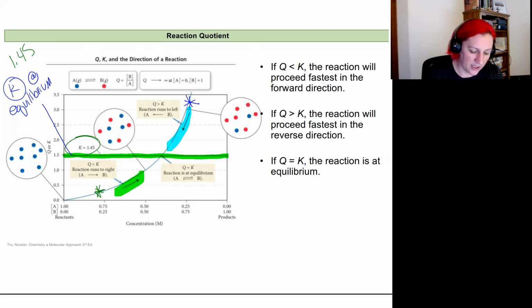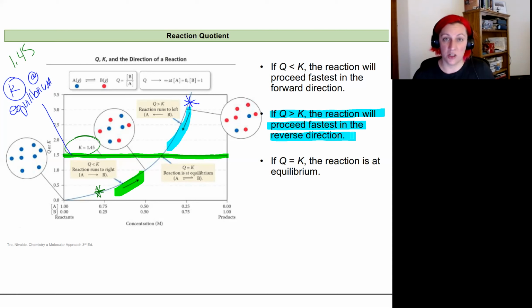And so kind of the key ratios to keep in mind. So this blue one, where our Q is larger than K, is right here. The reaction will proceed fastest in the reverse direction is the other way to say that. So the rate of the reverse reaction is a larger rate than the forward reaction. I'll see the larger accumulation of reactants relative to an accumulation of products.